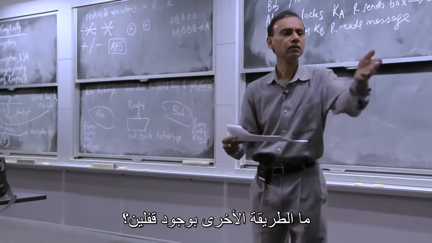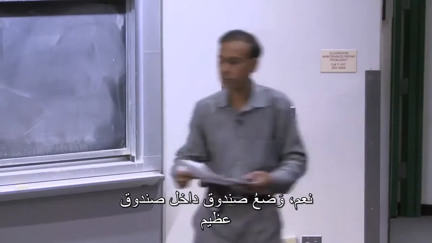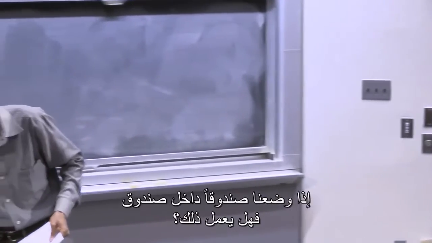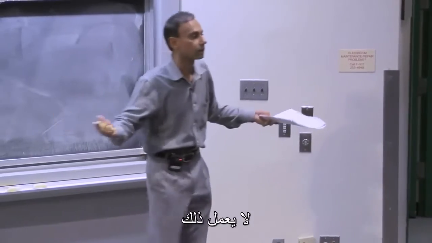Well, what's another way of having 2 locks? Yeah, putting a box within a box, that's great. So if you put a box within a box, does this work? It doesn't work, right?